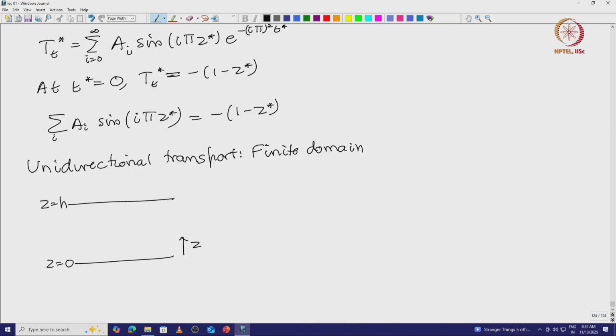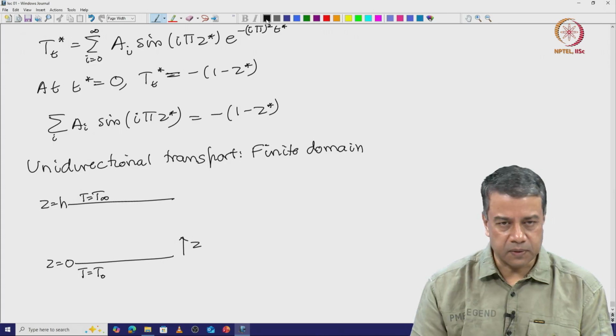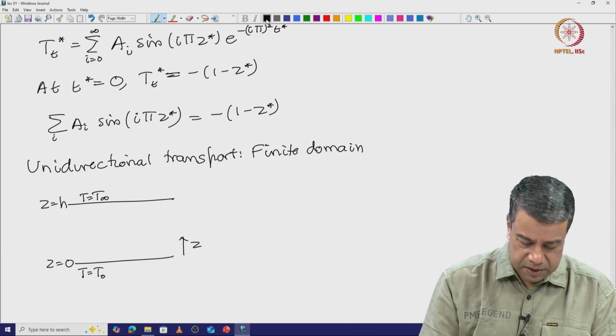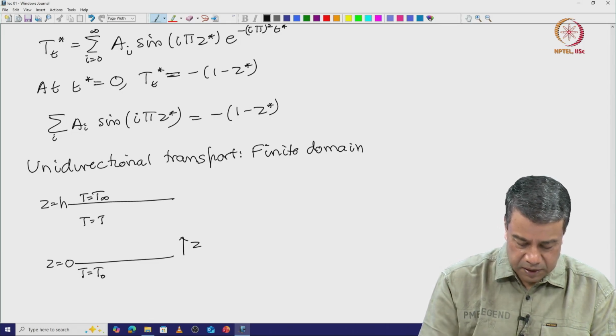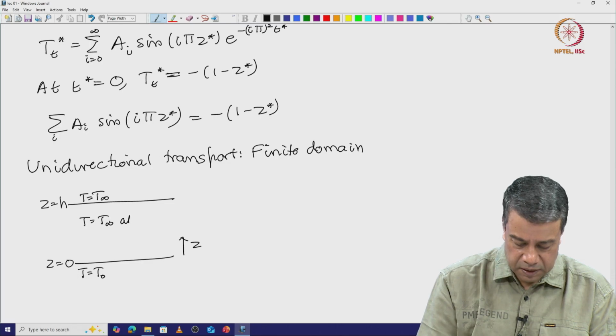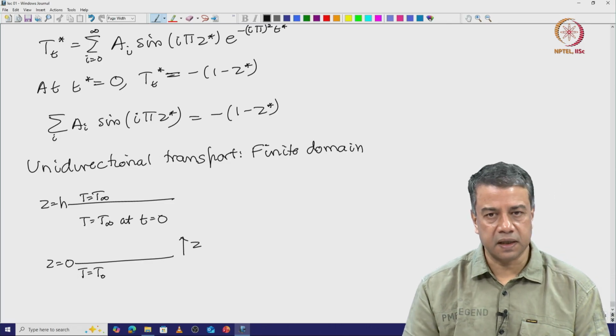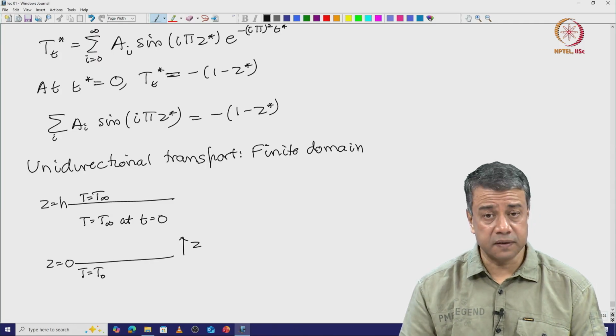The top surface is at T equal to T infinity, the bottom surface is at T equal to T naught, and the medium in between is at T equal to T infinity at the initial time. So, that was the configuration.